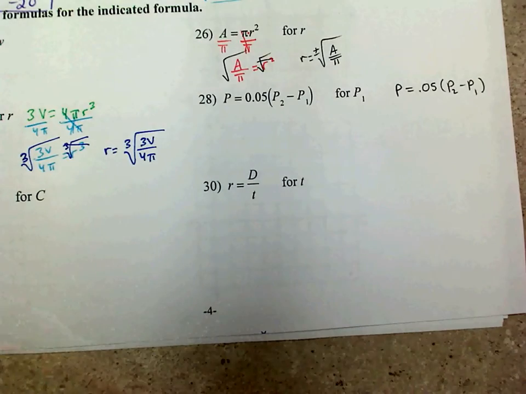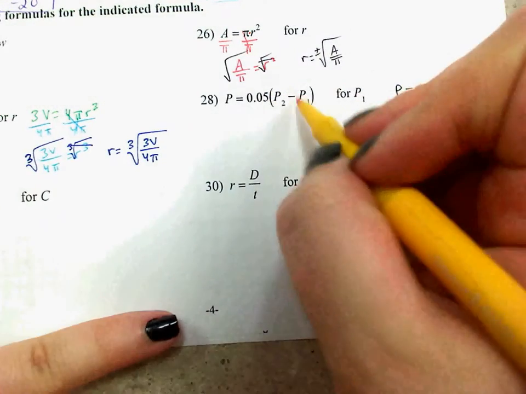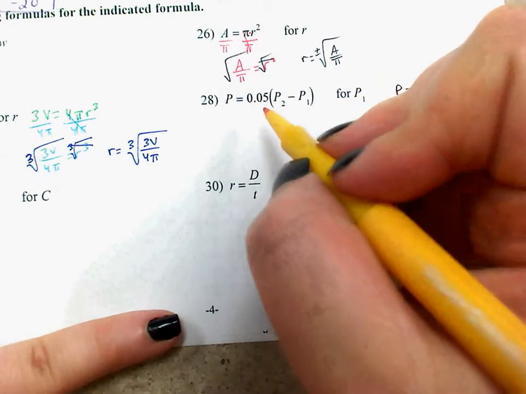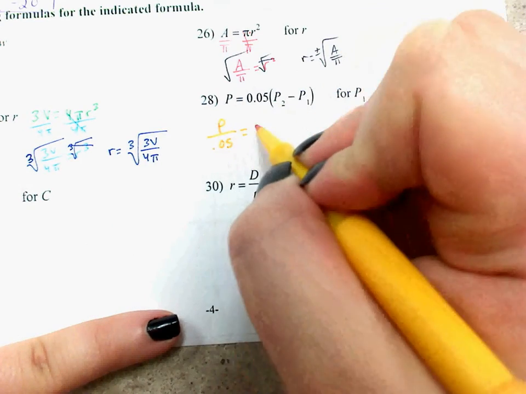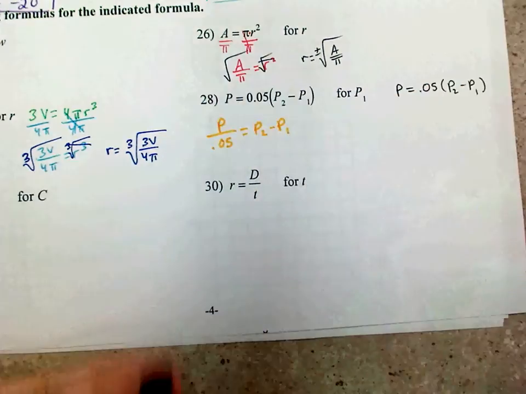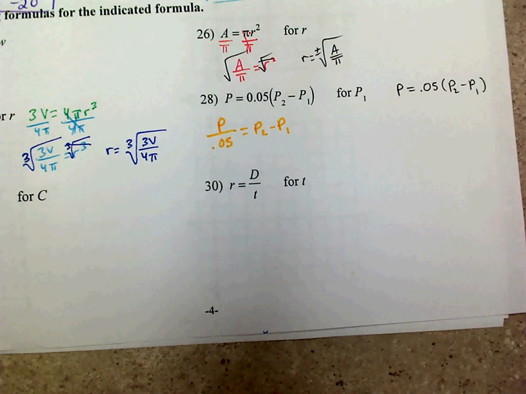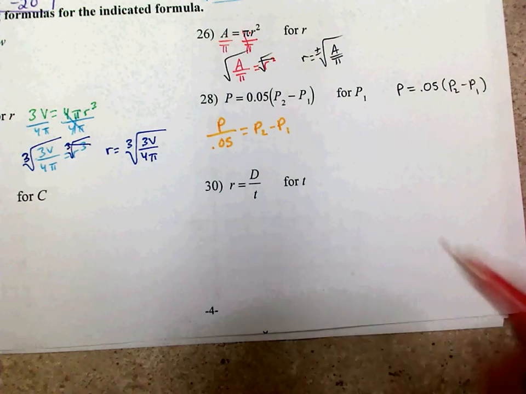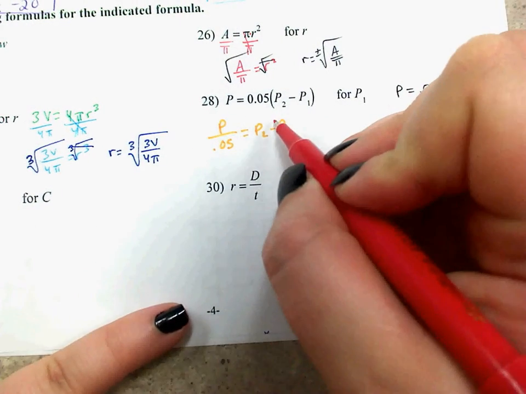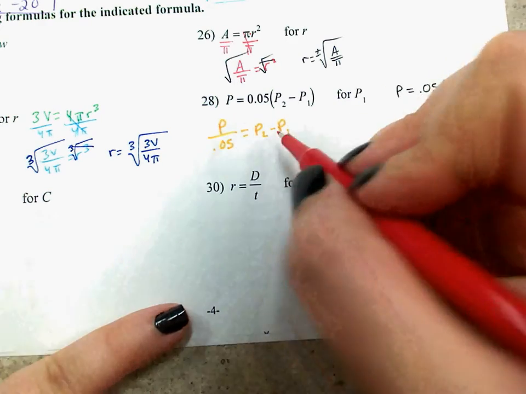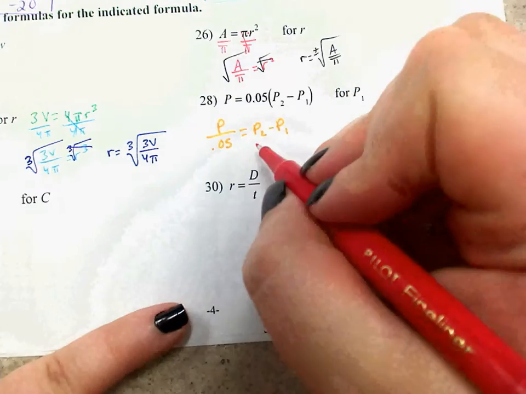You want to solve for p sub 1, so you want to get rid of the p sub 2. P sub 2 is in front of that, so I would subtract it over, or you could add p sub 1 and subtract this. It's kind of up to you. So if I subtract p sub 2, I've got p divided by 0.05 minus p sub 2 equals a negative p sub 1.